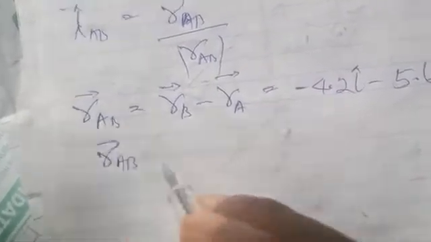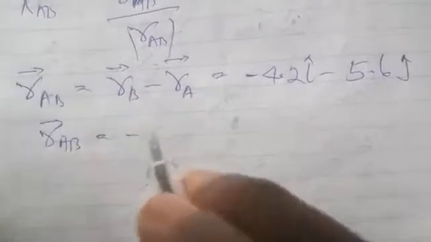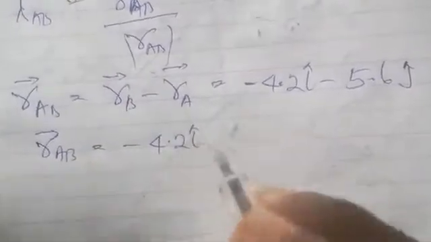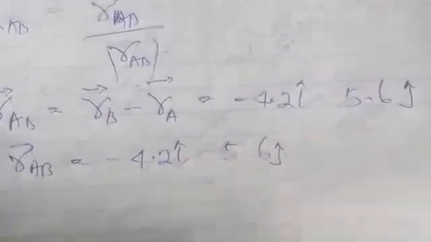So R_AB, the position between A and B, is simply minus 4.2 i minus 5.6 j.